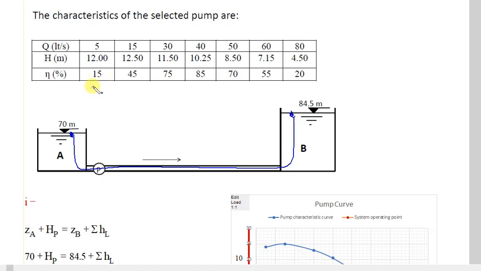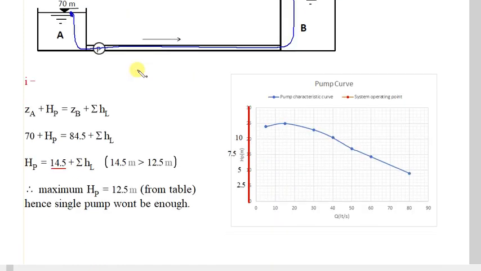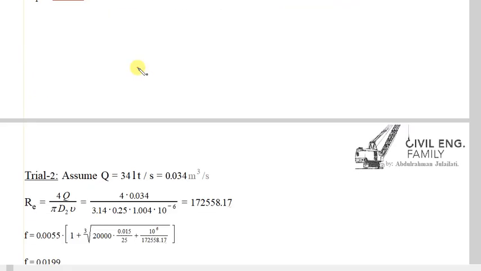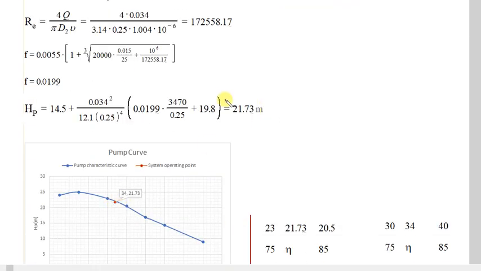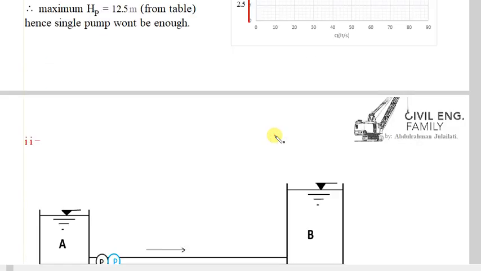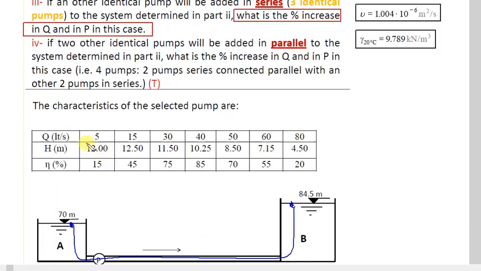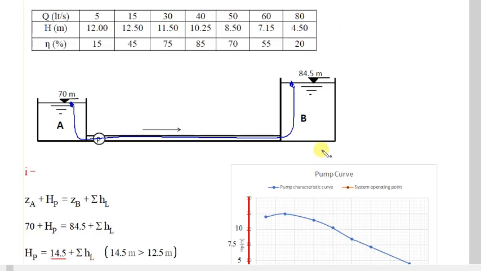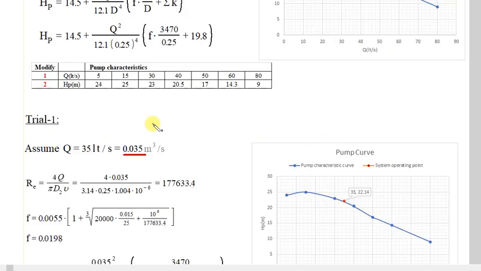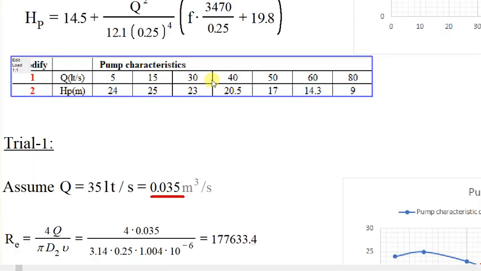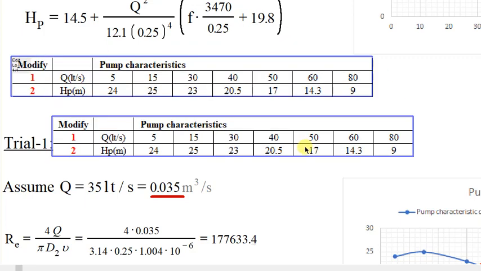Be careful. We can do interpolation for efficiency, but don't say, for example, now we have a head of the pump 21.73 and you will go and try to make interpolation between this one 21. There is no already 21 here. You should get the latest table. What is the latest table? It is this one, the one we modified.